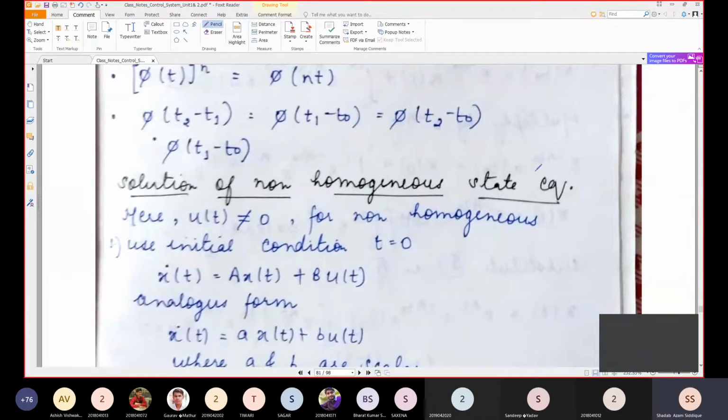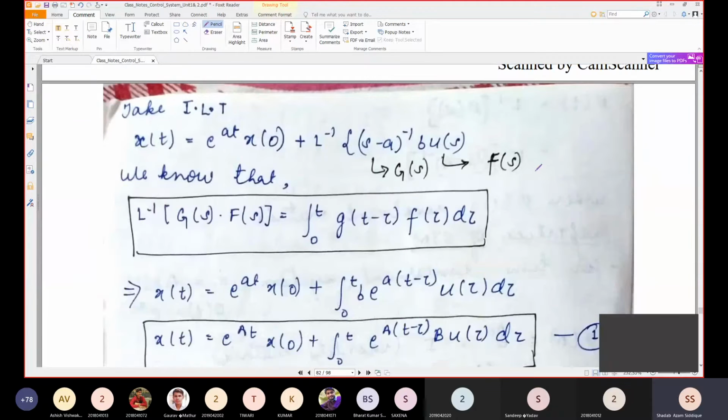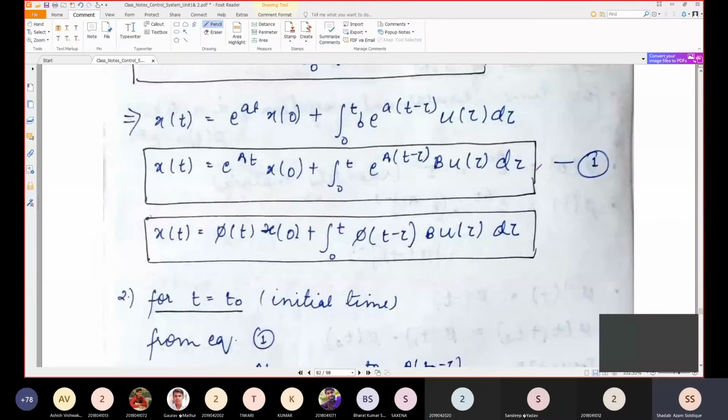In the first case the initial condition starts from t equal to 0, and in the second the initial time is t equal to t naught, so you should write the solution for that also.